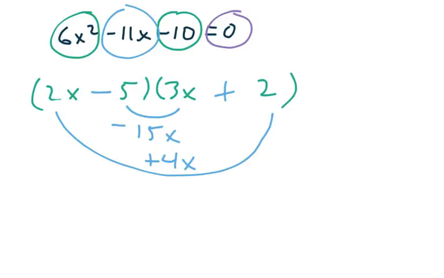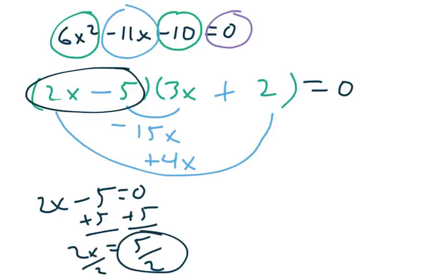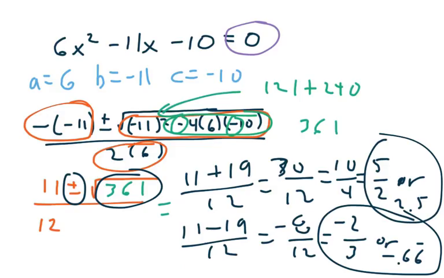So if this whole expression factored equals 0, well, can't I take this first factor, 2x minus 5, set it equal to 0, and once I add 5, I'm solving for x here. I get 2x equals 5, and then I'm going to divide by 2, and what do you know? I get 5 halves, just like I got right there.